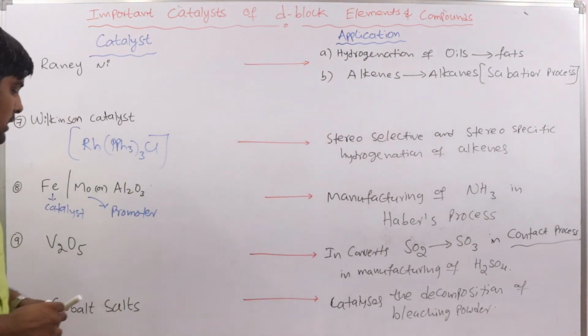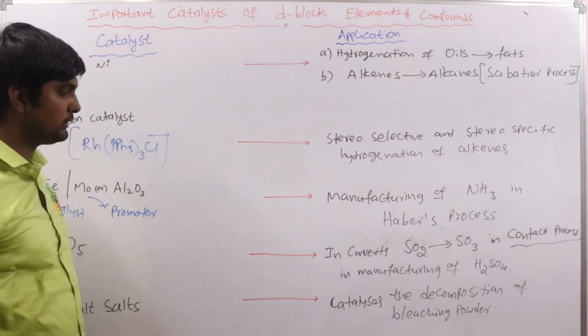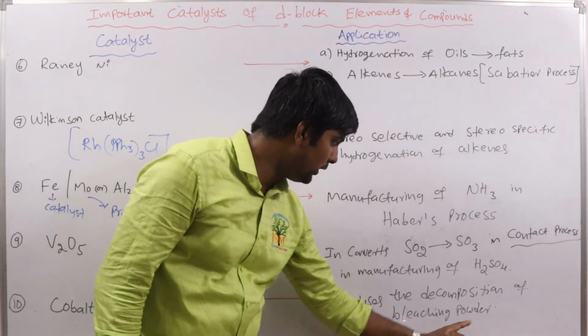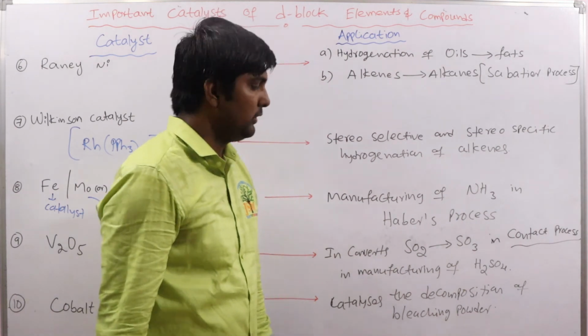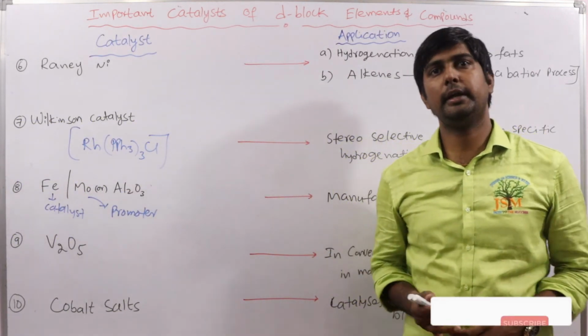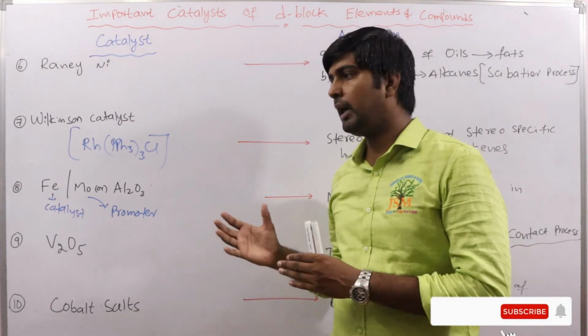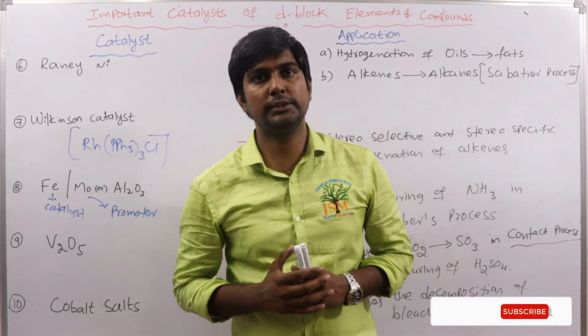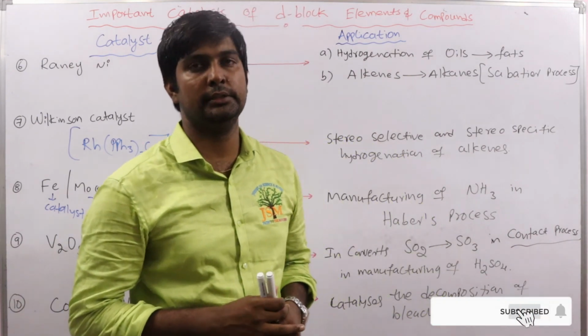So what is the application of cobalt salts? They are used to catalyze the decomposition of bleaching powder. So these are the 10 important catalysts. There are many catalysts, but we are discussing only 10 important catalysts which are frequently asked in the various entrance examinations.